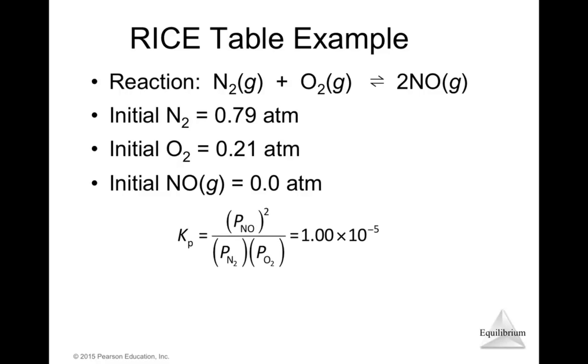The expression of the equilibrium constant for pressure will be the partial pressure of NO raised to the power of 2 divided by the pressure of nitrogen and the pressure of oxygen. This will be equal to 1.0 times 10 to the power of minus 5. That's basically the equilibrium constant for this expression.